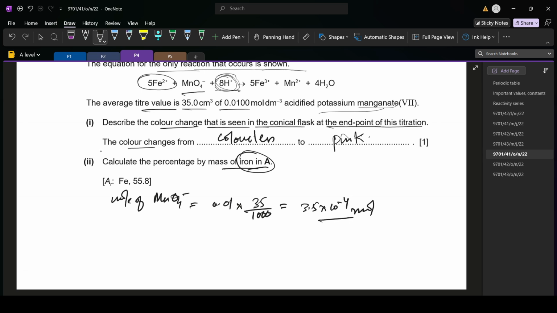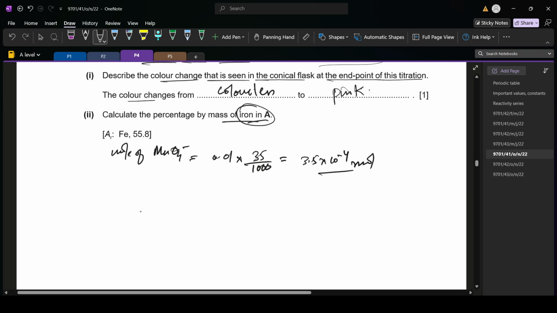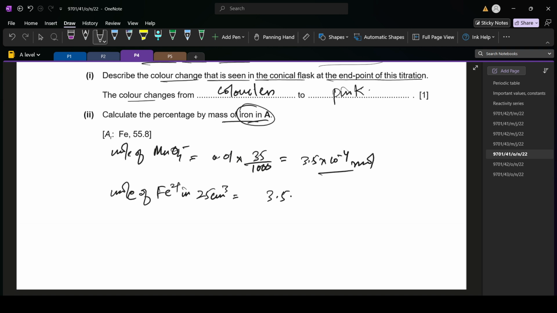From the ratio in the equation, you will calculate the moles of Fe2+ in 25 cm³. That is 3.5 × 10^-4 multiplied by 5.